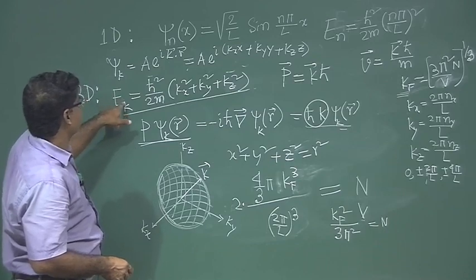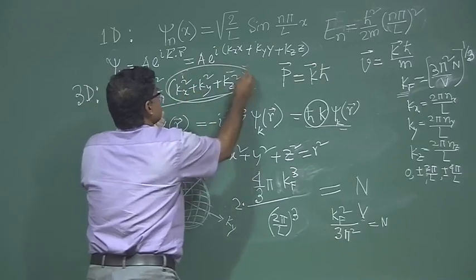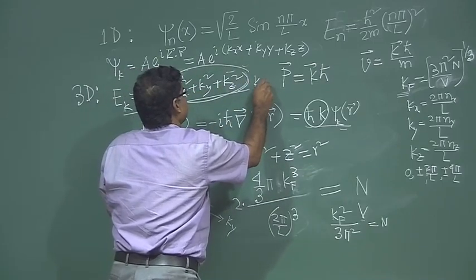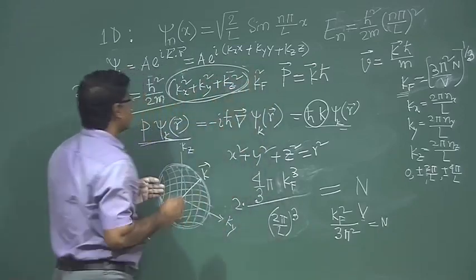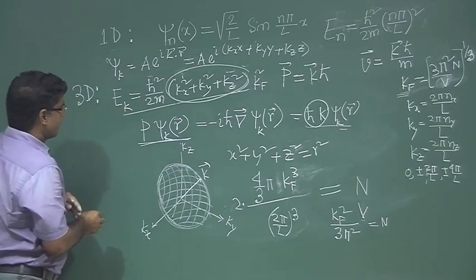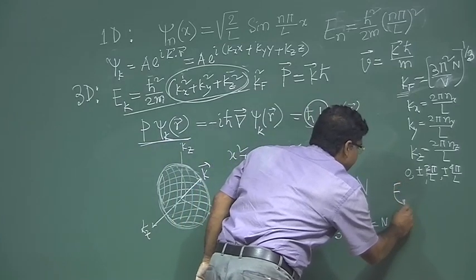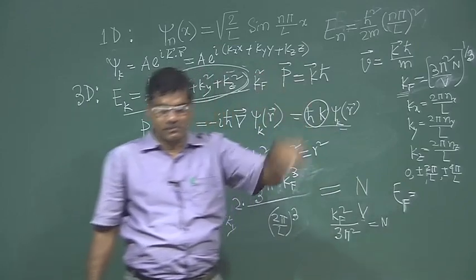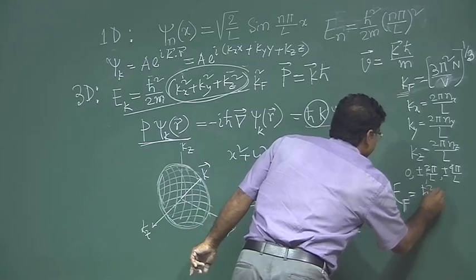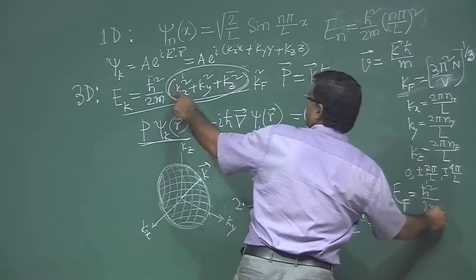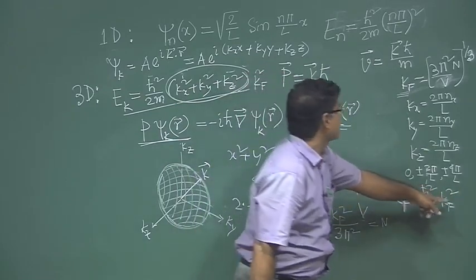For Fermi, the energy EF will be h cross square by 2 m times kf square, and kf square is this.